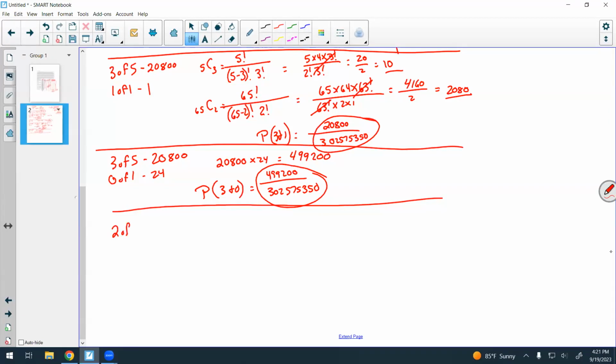Next prize amount is 2 of 5 and 1 of 1. And of course, we know there's one way to do that. Now we have 5 and we're choosing 2. So I have 5 factorial over 5 minus 2 factorial, 2 factorial, 5, 3, 2, which we had right here.